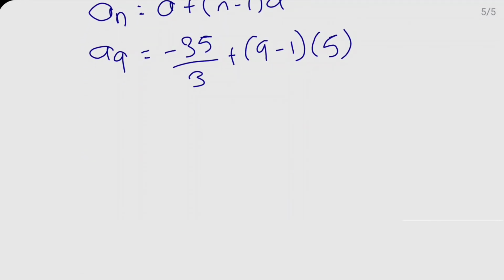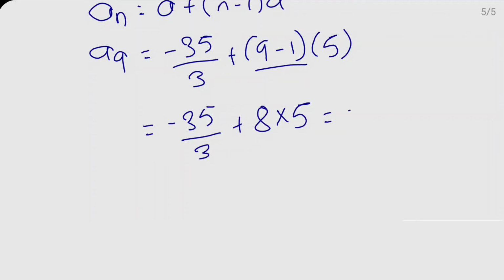So now minus 35 by 3 as it is, plus 9 minus 1 is 8 into 5. So this equals minus 35 by 3 plus 8 into 5 is 40.